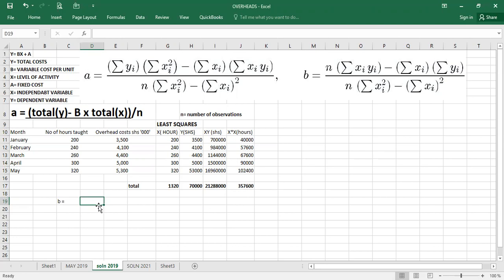It is going to be our N, and our N in this case is 5. It will be 5 multiplied by the summation xy. Summation xy is this, which is 21,288. This one we can put in a bracket.